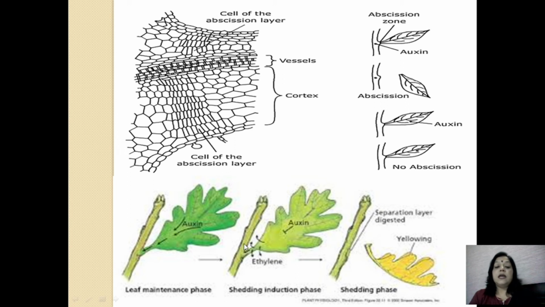It means अगर proximal end पर ऑक्सिन की concentration हाई होती है तो ये इथाइलिन की ग्रोथ को प्रमोट करती है, और इथाइलिन जो हार्मोन होता है वो एब्सिशन जोन के फॉर्मेशन में हेल्प करता है. अगर डिस्टल एंड पर ऑक्सिन की concentration हाई होगी तो इथाइलिन की फॉर्मेशन नहीं होगी और एब्सिशन जोन का फॉर्मेशन भी नहीं होगा. तो by maintaining the high concentration of the auxin at the distal ends, abscission can be stopped.